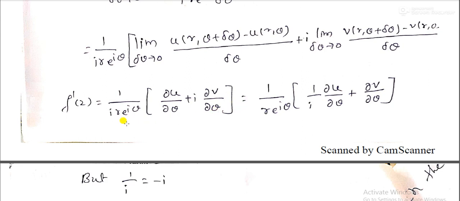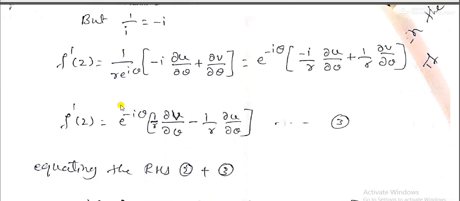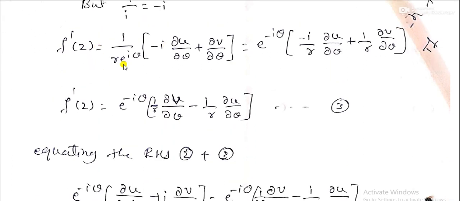Now we can multiply 1 divided by i into this bracket. We get 1 divided by r into e raised to i theta into bracket 1 upon i into dou u by dou theta plus i, which gets cancelled, so remaining is dou v by dou theta. But 1 upon i is equal to minus i, you know that already. So f dash of z is equal to 1 divided by r into e raised to i theta into bracket minus i dou u by dou theta plus dou v by dou theta.